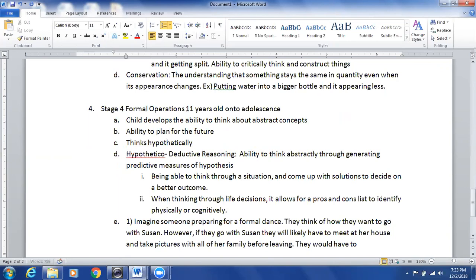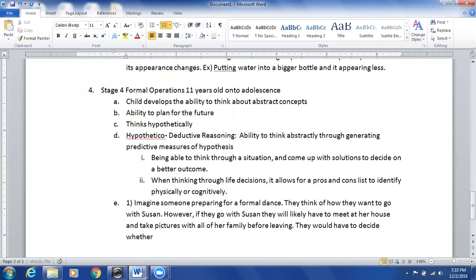They would have to decide whether it is worth it or not to go with Susan. So they think it through: I know Susan has a massive family, I have to take pictures, I hate taking pictures, but I want to take Susan. So then they have to weigh their options.